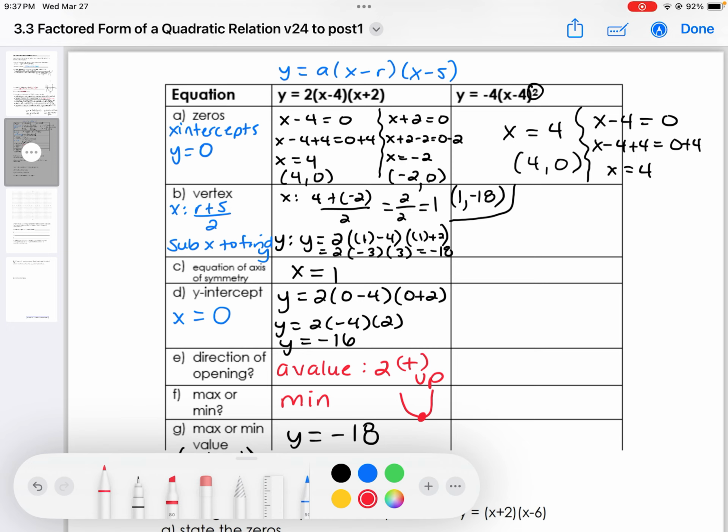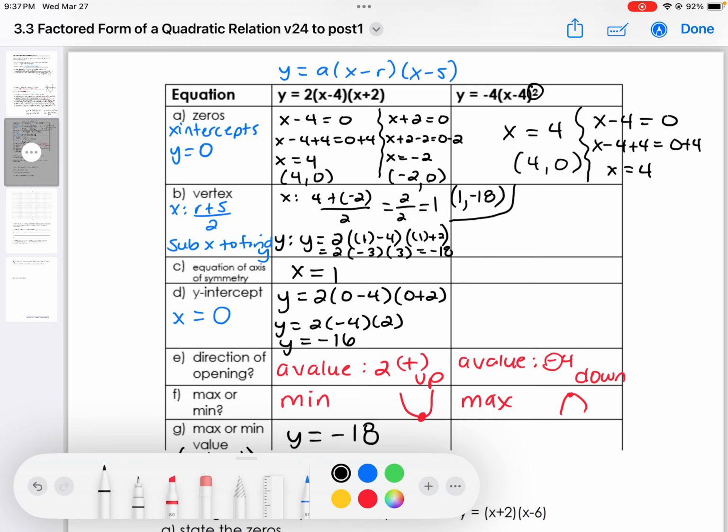So over here, the A value is -4, which is negative. So it's going to be down, which is a maximum. Okay, so again, you can fill stuff in without having to do the harder stuff like the x-intercepts and the vertex before. Fill in what you can, okay?